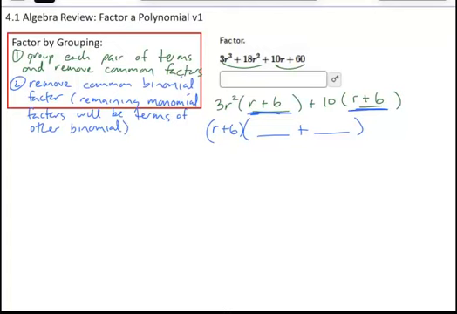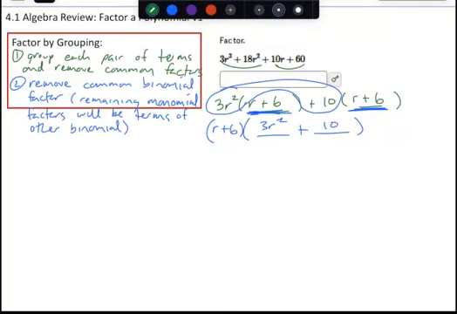So notice here, when I take out the r plus 6's, I'm left with a monomial factor of 3r squared and a monomial factor of plus 10. So 3r squared plus 10. Those become the terms of my other factor. Okay? And so this winds up being my overall factored form. And that is the answer.